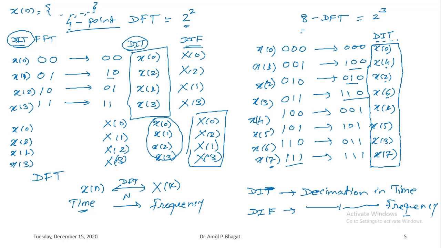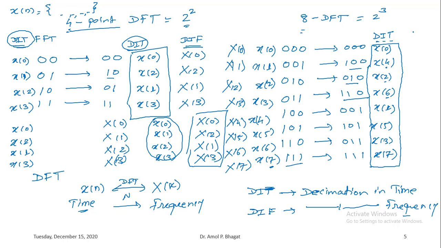If it is the DIT FFT algorithm, your output will be in sequential form, so it will simply be capital X of 0, capital X of 1, capital X of 2, capital X of 3, capital X of 4, capital X of 5, capital X of 6, and capital X of 7. So when you are using the DIT FFT algorithm, your input will be in the sequence 0, 4, 2, 6, 1, 5, 3, 7, and the output will be in sequential form, that is 0 1 2 3 4 5 6 7.